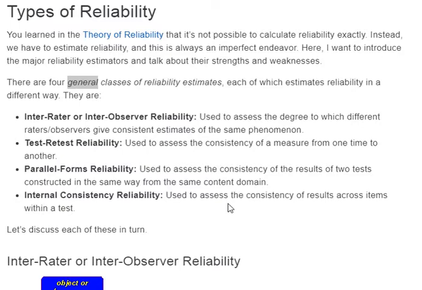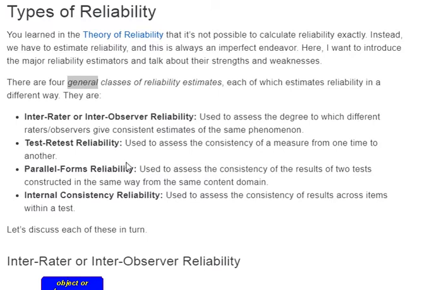There are different types of reliability: inter-rater or inter-observer reliability, test-retest reliability, and parallel form reliability. These three come under external reliability.